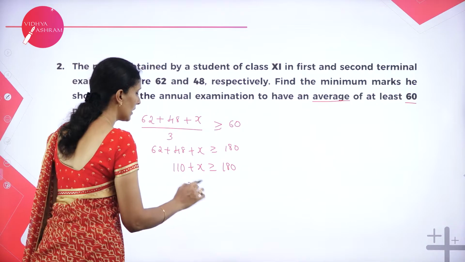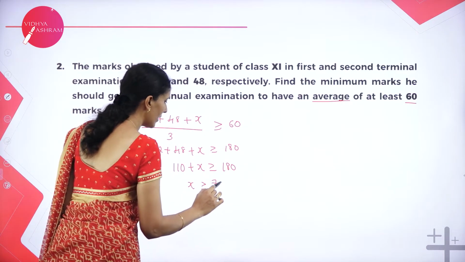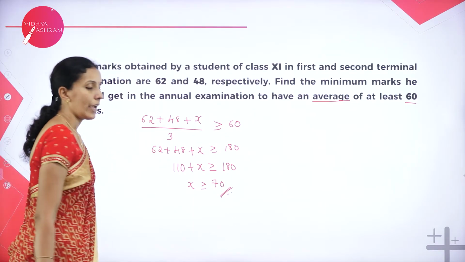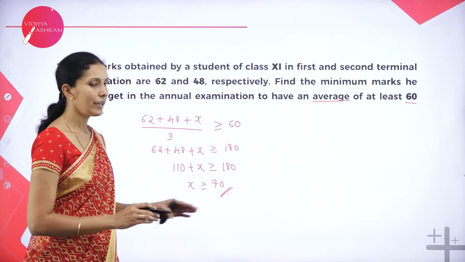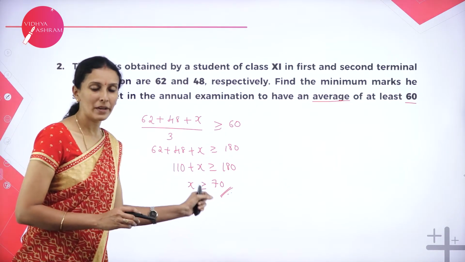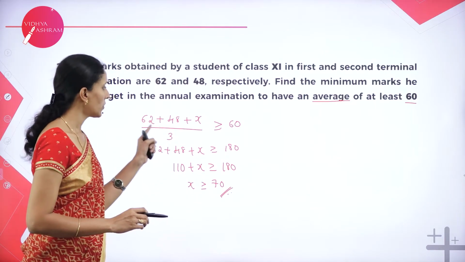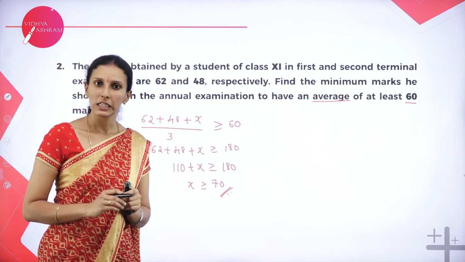So you will get x greater than or equal to 180 minus 110, which is 70. So he can take a minimum of 70 marks or greater than 70. He has to take at least a minimum of 70 marks so that when we add all three examinations, his average will be 60.